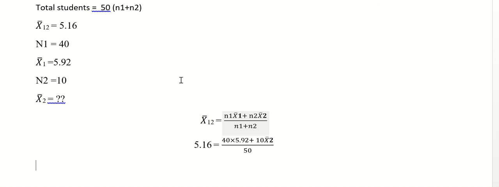5.16 into 50 is 258. This becomes 258 equals 40 into 5.92, which is 236.8, plus 10 times mean 2.